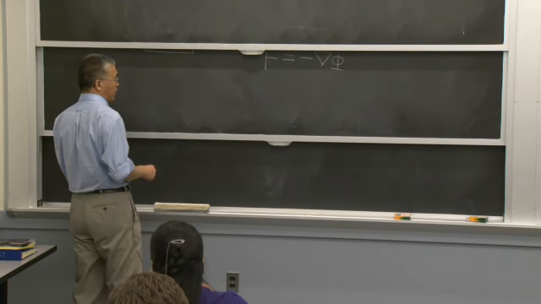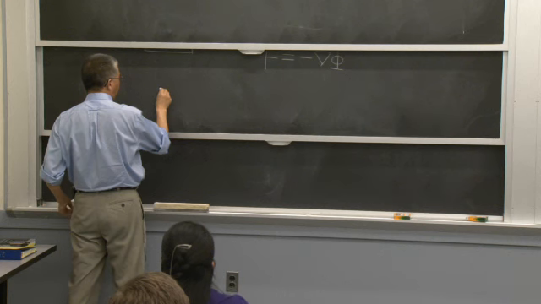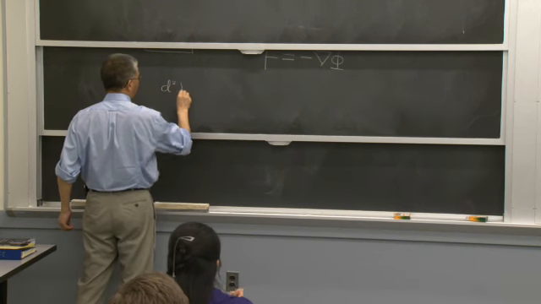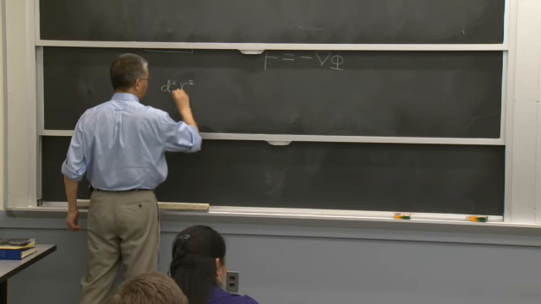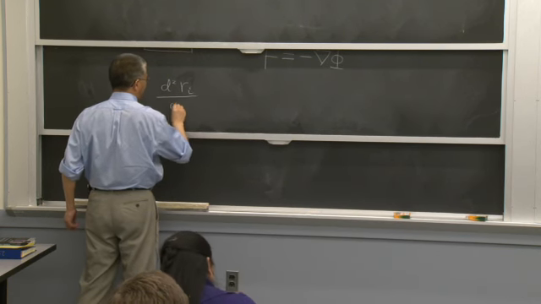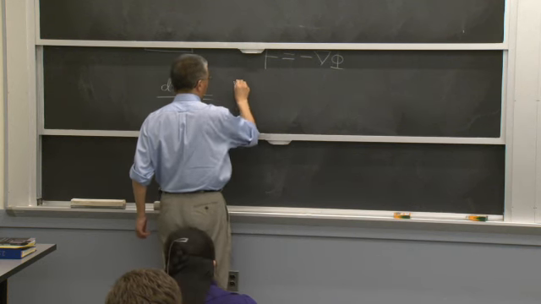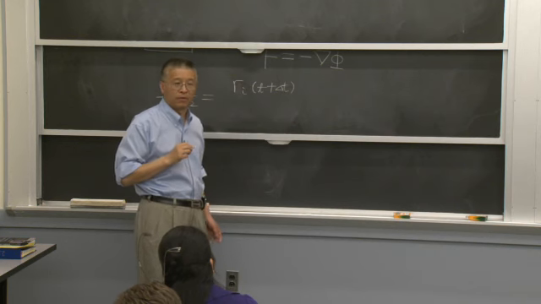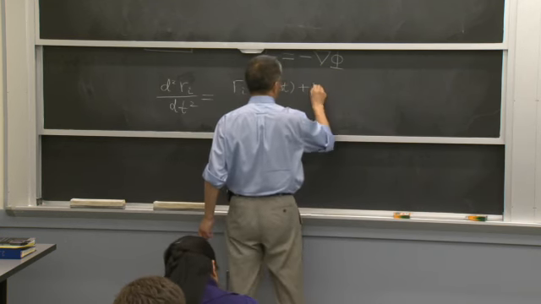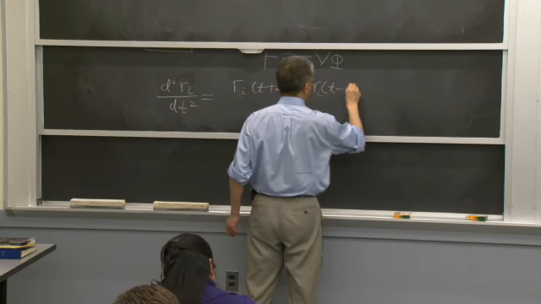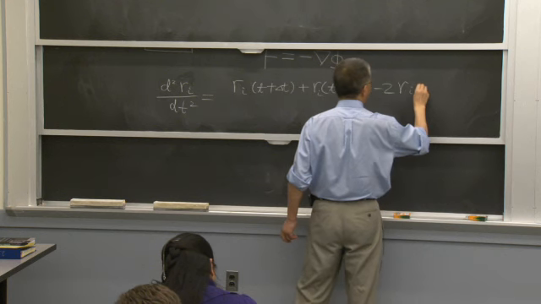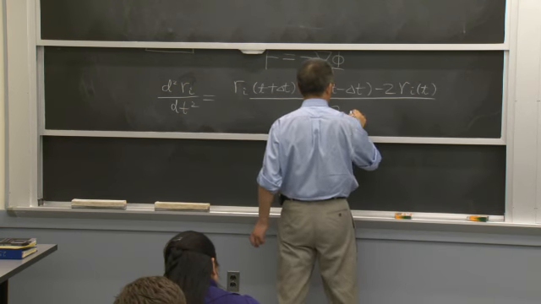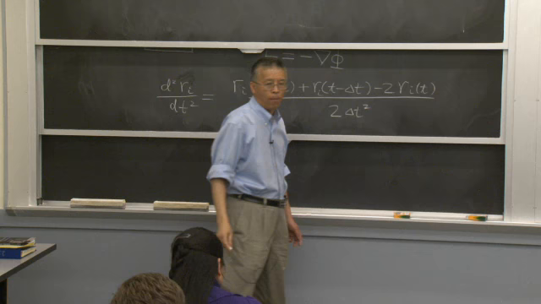So for example, for the second order derivative, let's drop the vector notation. d squared R_i over dt squared equals R_i at t plus delta t, using a central difference method, for example, plus R_i at t minus delta t, minus 2 R_i at t, over delta t squared, right?